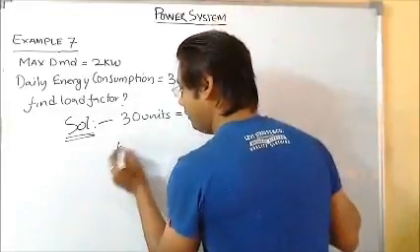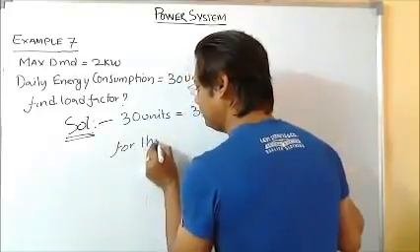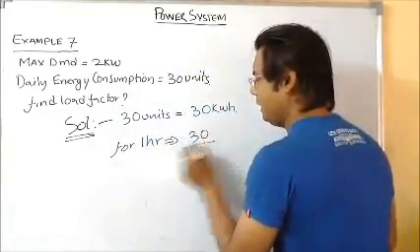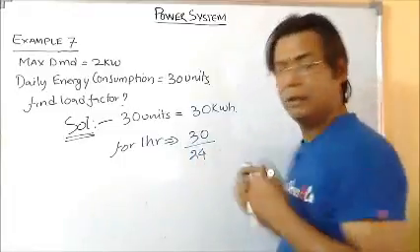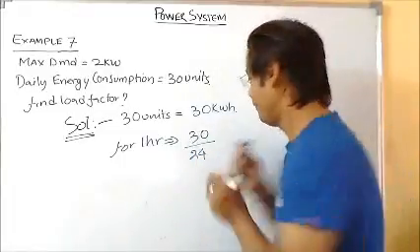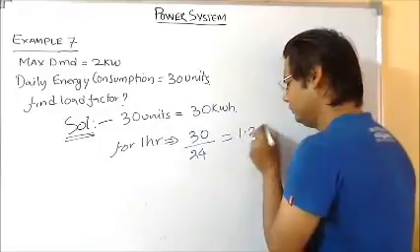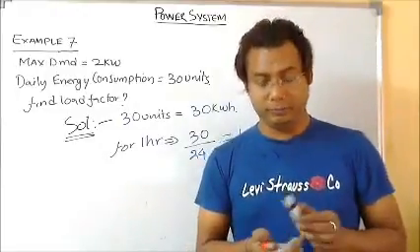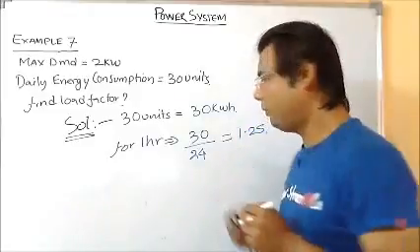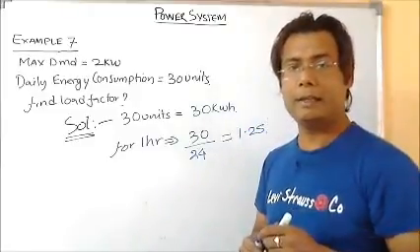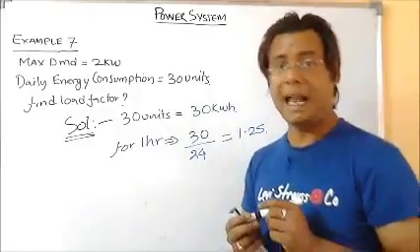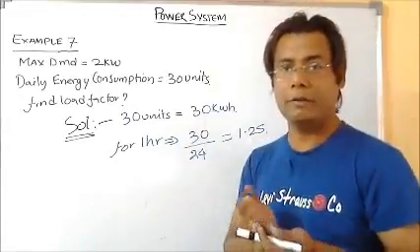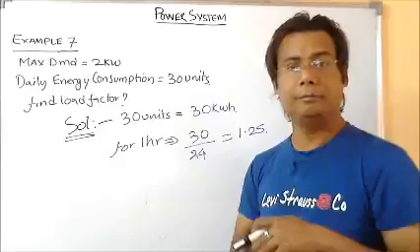For 1 hour, the consumption would be 30 divided by 24, which is coming as 1.25. This 1.25 is the average load of our customer, and the maximum load is also given, so we can find the load factor now.